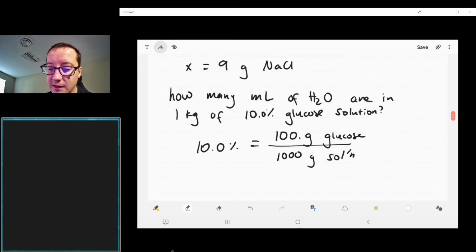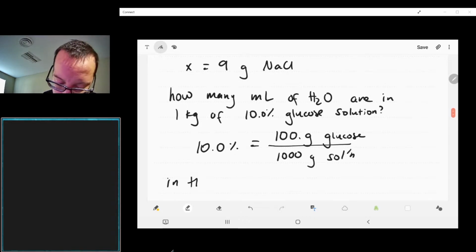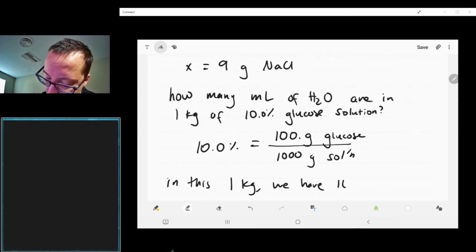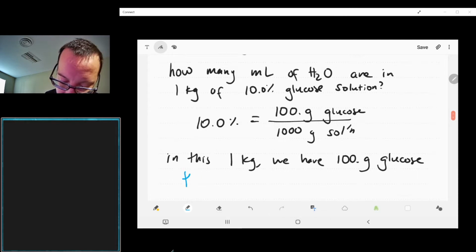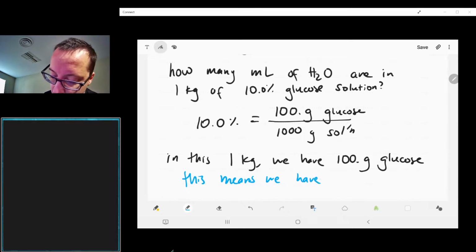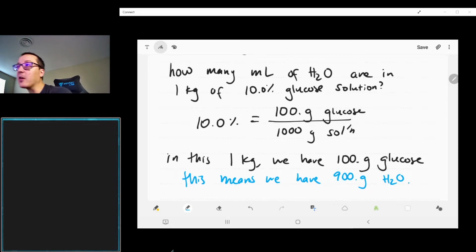So we know in this kilogram, we have 100 grams glucose. This means we have 900 grams of water. Right? They have to add up to 1 kilogram. That's 1,000 grams. So if 100 grams of that is glucose, the rest of the mass must be water.